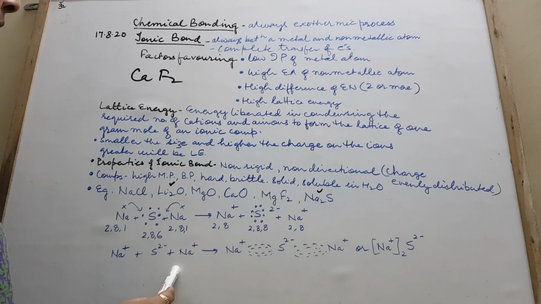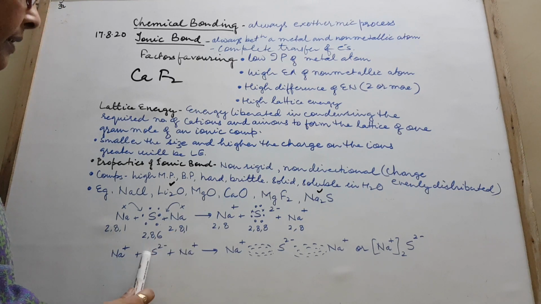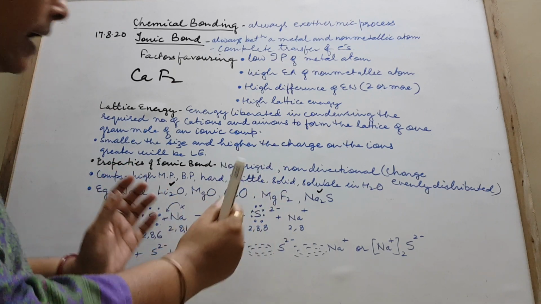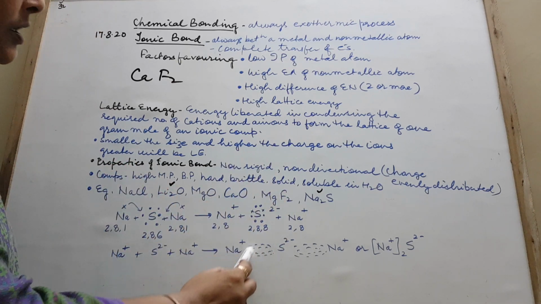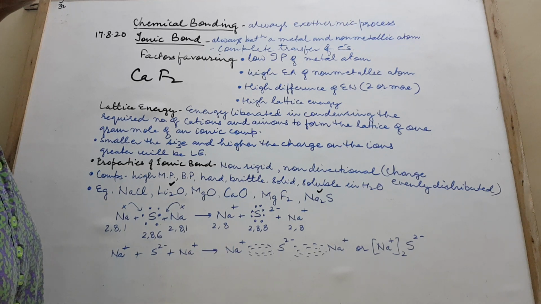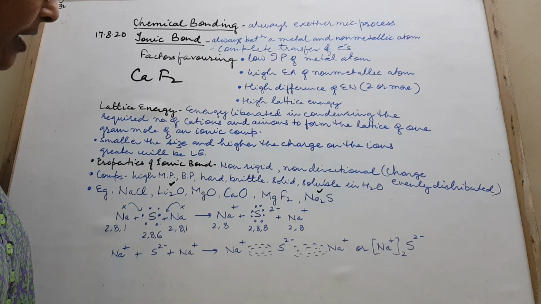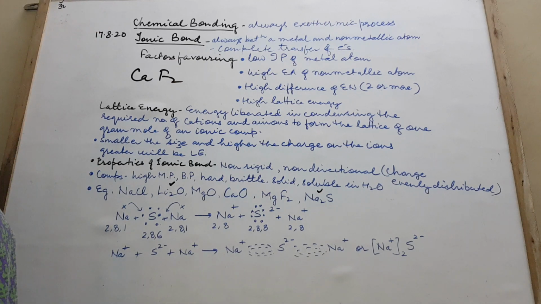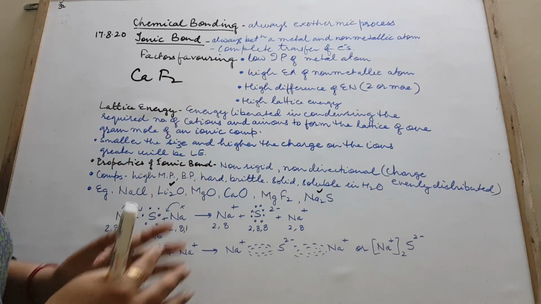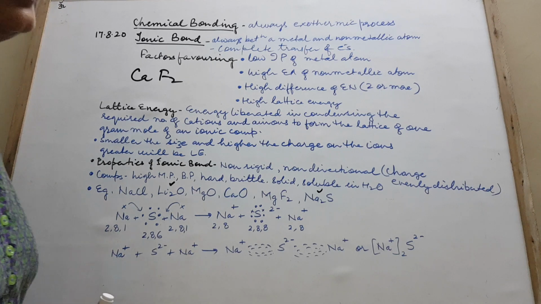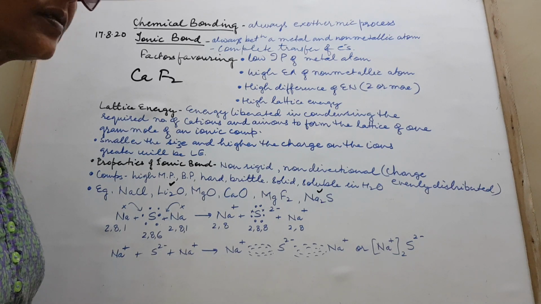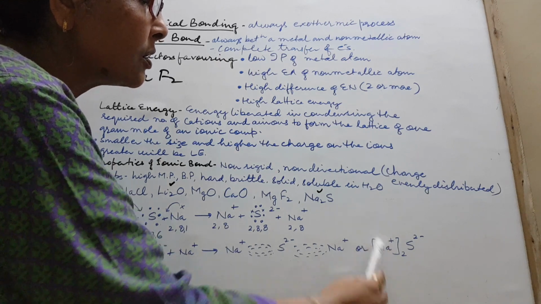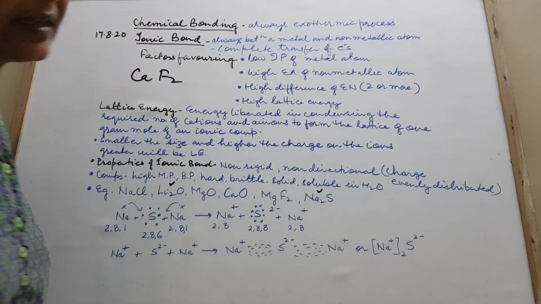So this Na plus and this sulfide again are getting attracted and will be held with the help of these Coulombic forces, or say electrostatic forces of attraction. Similarly, this sulfide and this Na plus on this side also will be attracted and held together with the help of electrostatic forces of attraction. Thus, finally we are showing Na plus twice and sulfide.